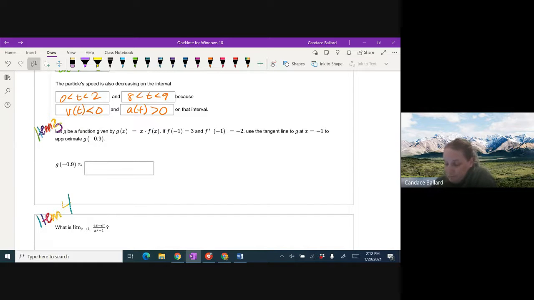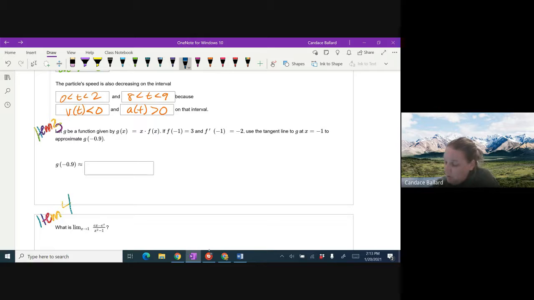All right, so number 3, let G be the function given by G of x equals x times f of x. They tell me what f of negative 1 is. They tell me what f prime of negative 1 is.